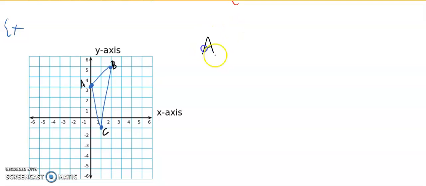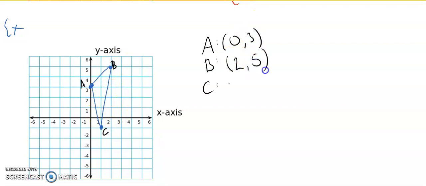So right now, the coordinates of our 3 vertices, or corners: A looks like it's sitting right at 0, 3. B is at positive 2, 5. And C is at positive 1, negative 1. And I'm going to have us translate this.